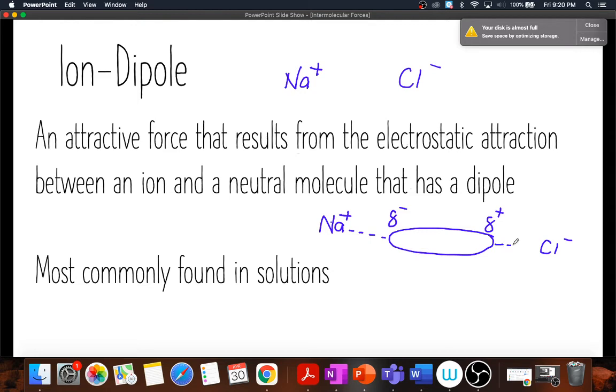So there's going to be an attraction between the ion, which is here, and the dipole, which is here. And this is also another example of the ion. Depending on the charge of the ion and depending on the partial negative or the partial positive of the dipole, it's going to arrange itself in such a way that there is an attraction. Okay? So that is ion dipole.